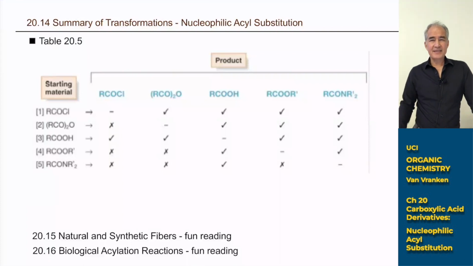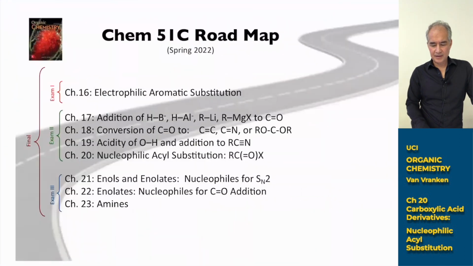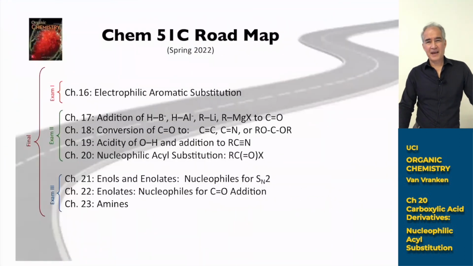All right, that's the end of our material for our second exam. This is the end of chapter 20, and we need to reset ourselves and get ready for the exam material that's going to be for exam number 3. And so let's go ahead and head off into our next phase here of thinking about organic chemistry.